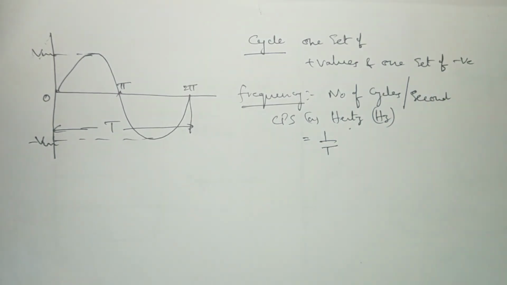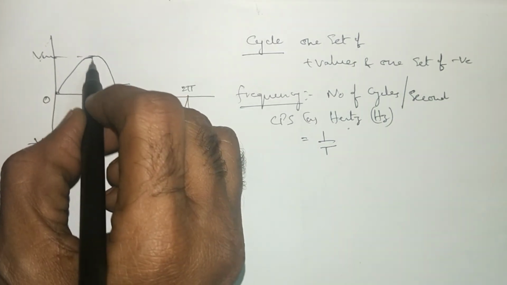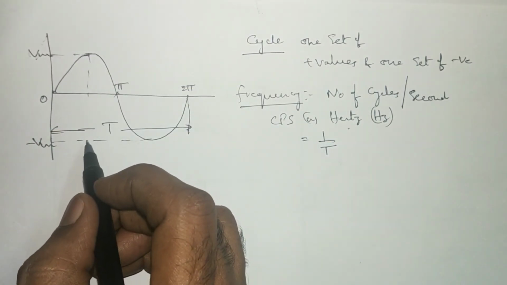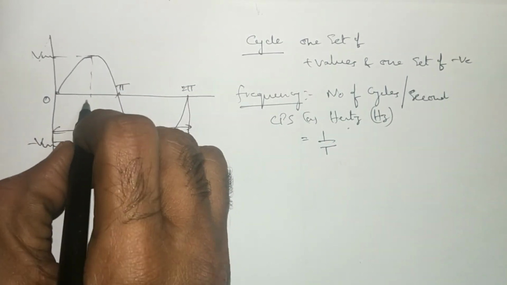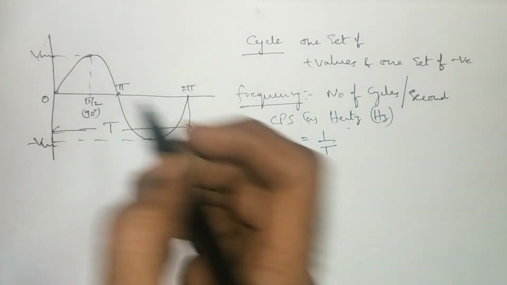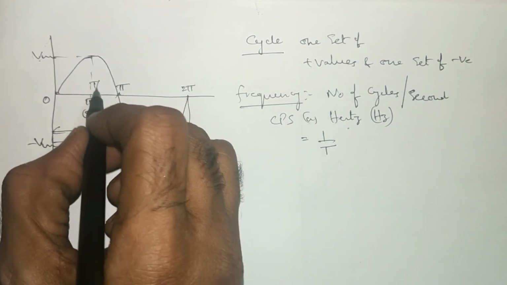So these are some of the definitions that we should be aware of, and sometimes we need to remember the instances of time periods for maximum values also. Here this is going to be pi by 2 or 90 degrees. If you measure in terms of T, this would be T by 4.